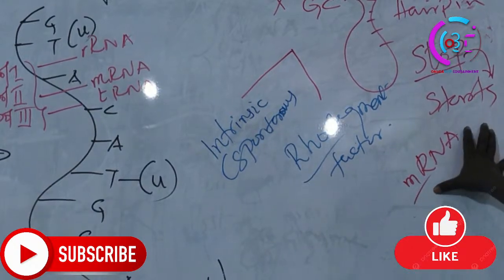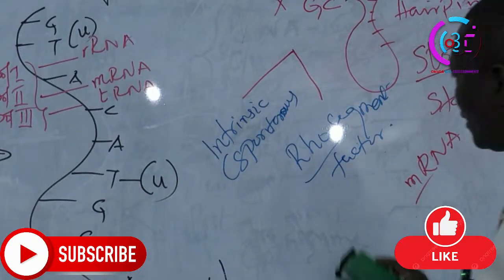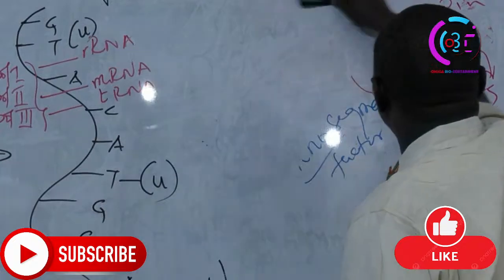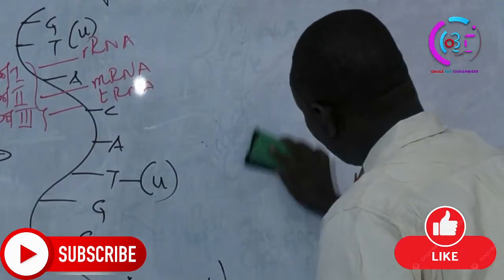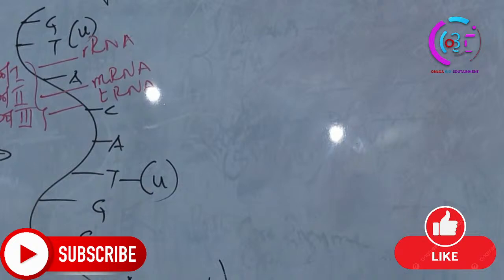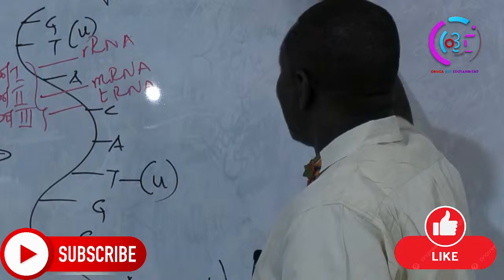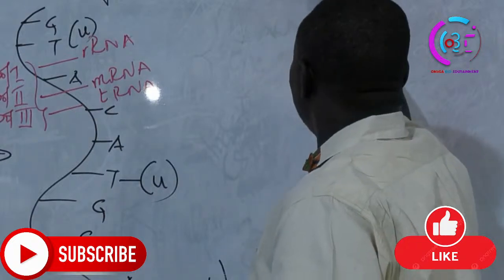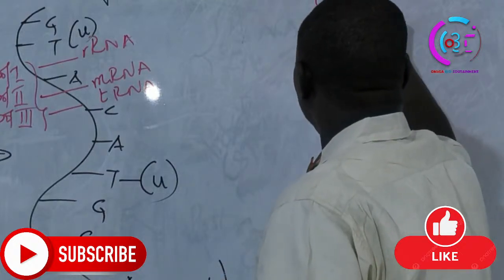The messenger RNA will now be released into the system, and this is part of the difference between prokaryotic and eukaryotic transcription, or gene expression. We are going to see this distinction as we go on. Immediately after transcription has ended, the messenger RNA, which is now the product, will undergo the process of translation.